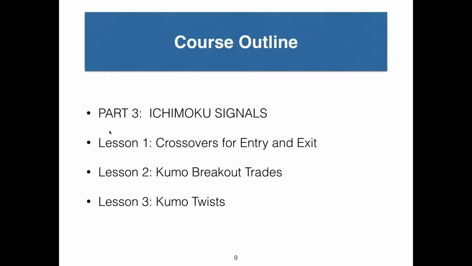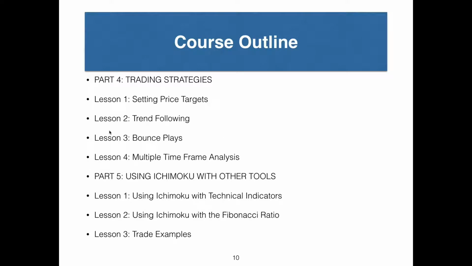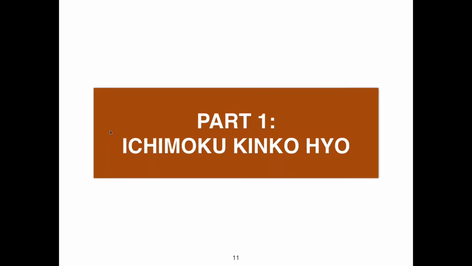Part 3 talks about the Ichimoku signals. Part 4 discusses the trading strategies. And Part 5 uses Ichimoku with other tools. So today we'll try to finish from Part 1 until Lesson 3 of Part 4.